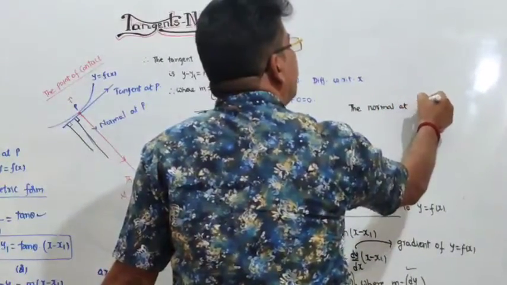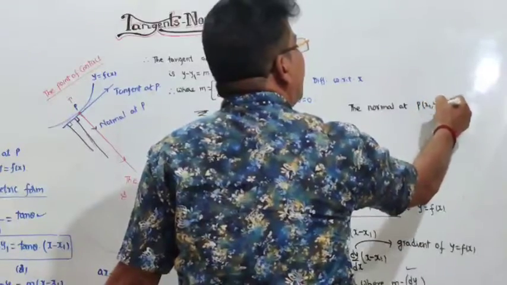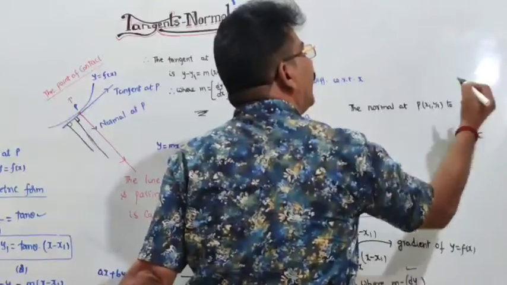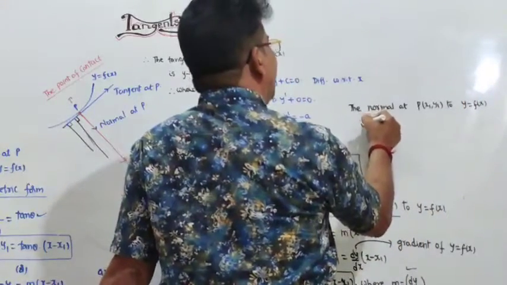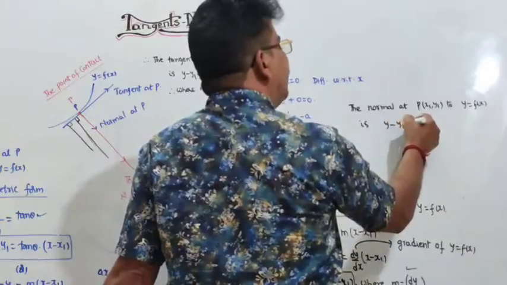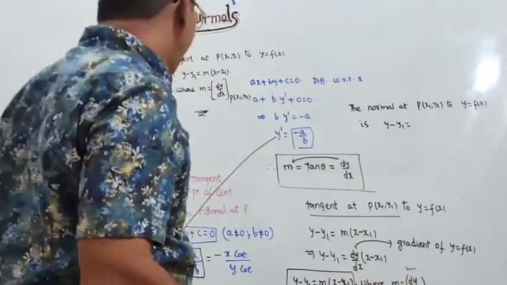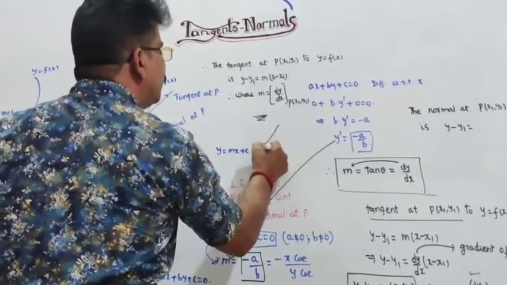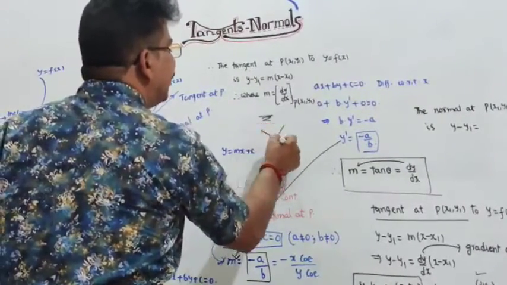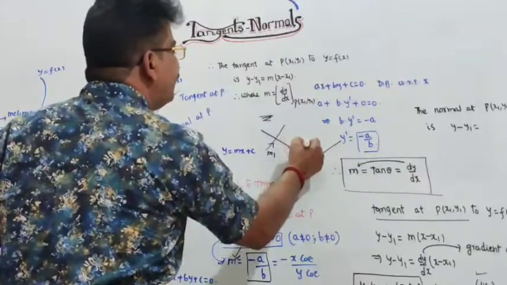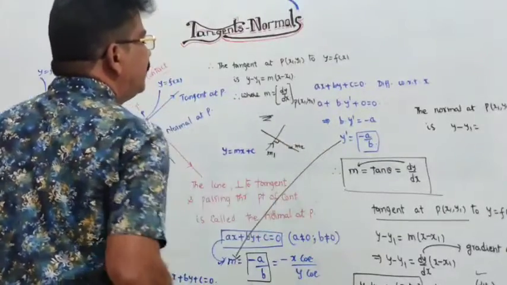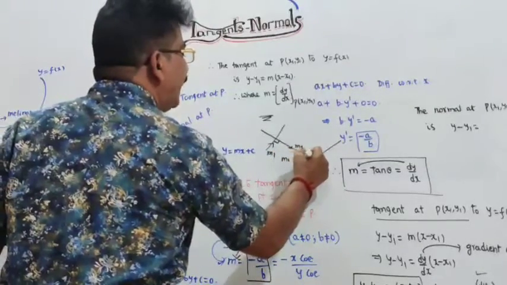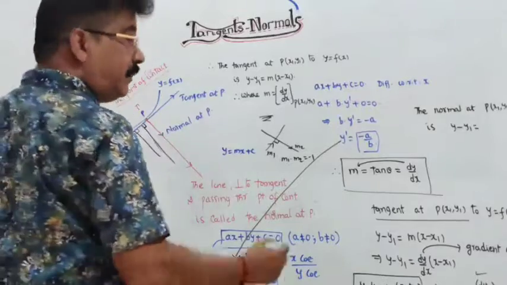at capital P of x1 comma y1 to the curve y equal to f of x. Normal means, as we already know, for example, this is one line, its slope is m1. Another line is there, its slope is m2. If these two are mutually perpendicular, then m1 into m2 equal to minus 1, a geometrical property.